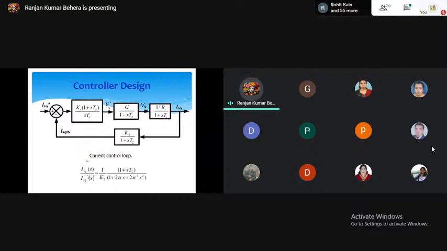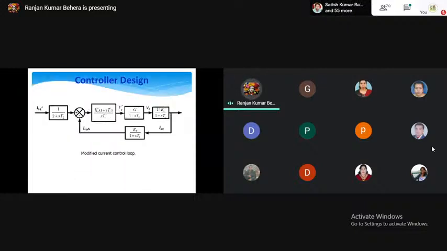So in the closed loop current control, you can see that there exists 1 plus ST2, there is a zero in the system, and this zero will create oscillation in the network. So to cancel this zero, what we do in the feed forward path, you can see that 1 plus ST2, which we multiplied here, will stabilize the system, where it will cancel out the zero.